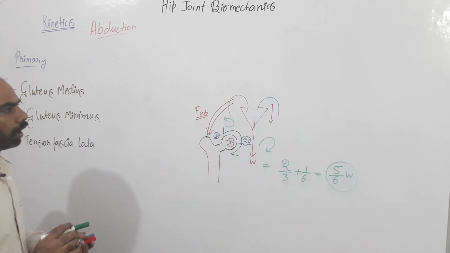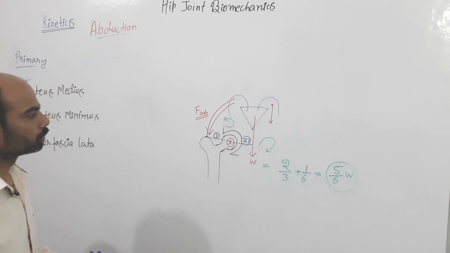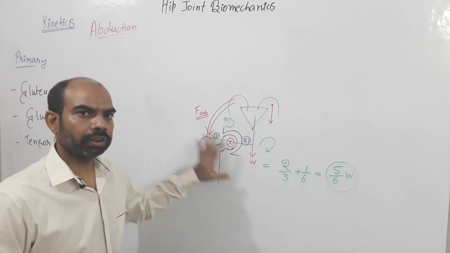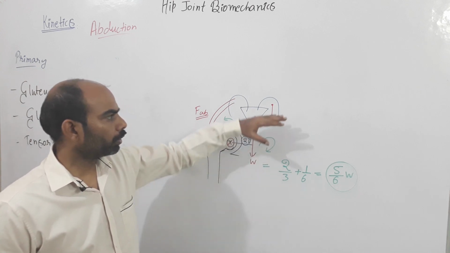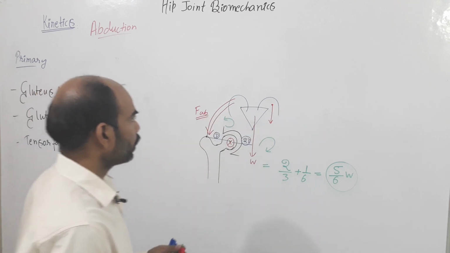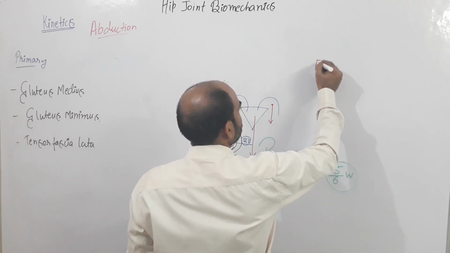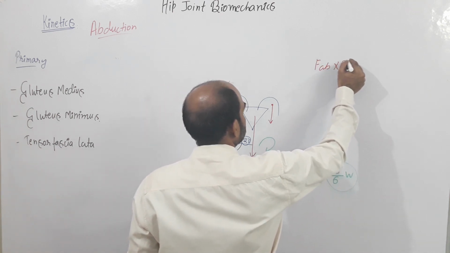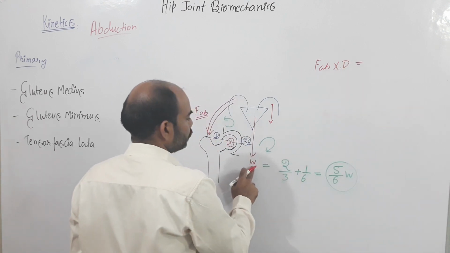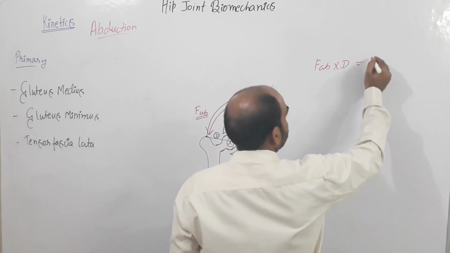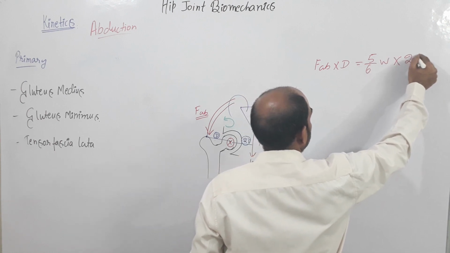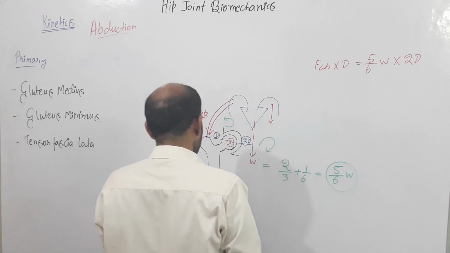Now, in this example, the clockwise torque is equal to the anti-clockwise torque to maintain the pelvis in a neutral position. So the force of abduction into distance D is equal to the weight, 5/6 of body weight, into distance 2D.